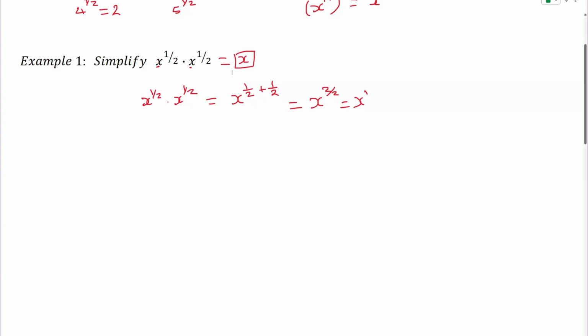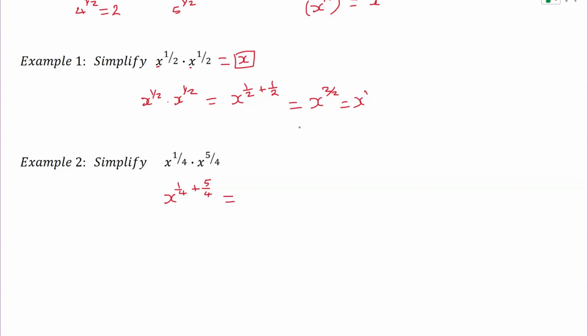So that's example 1. Example 2, you're asked to simplify x to the 1/4 times x to the 5/4. So the process is the same. We are going to add the exponents. So it's going to end up with x to the 1/4 plus 5/4. Right?